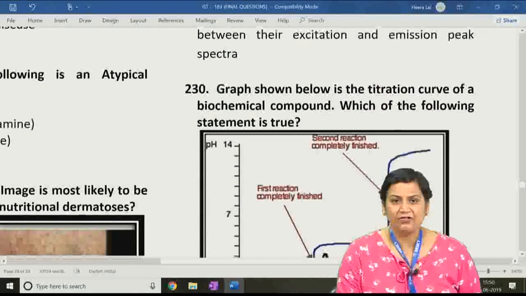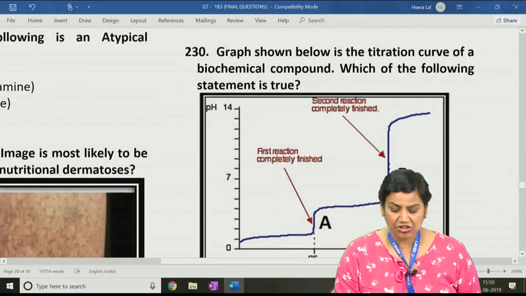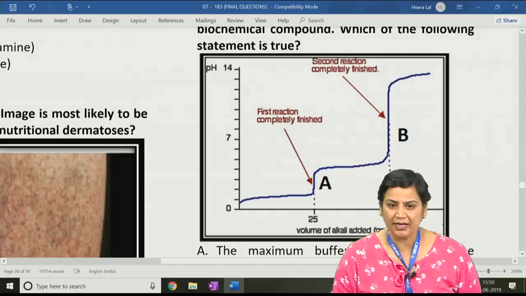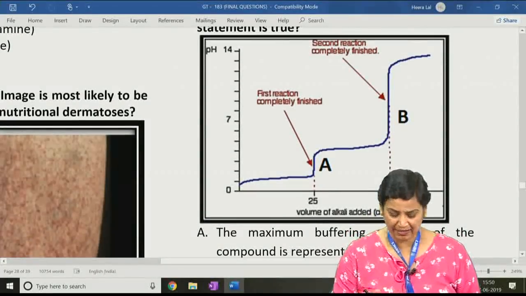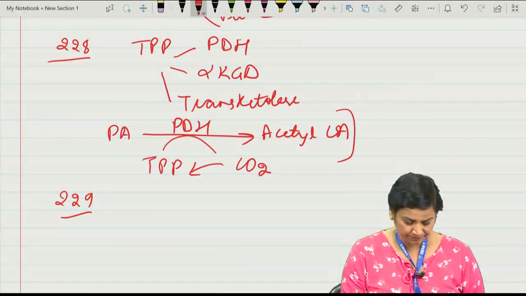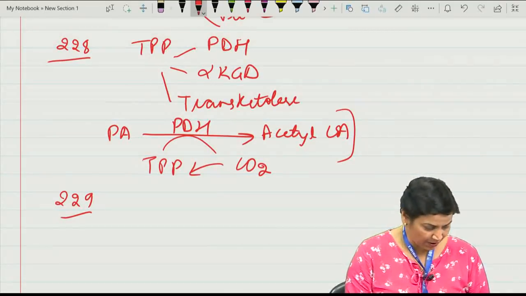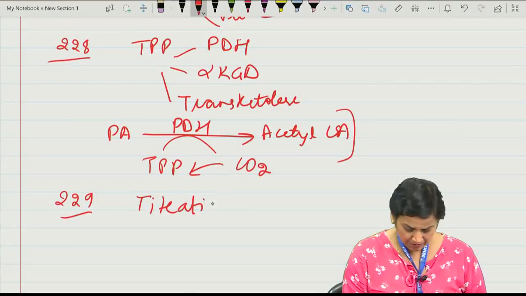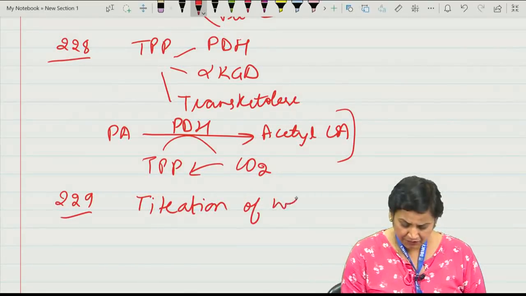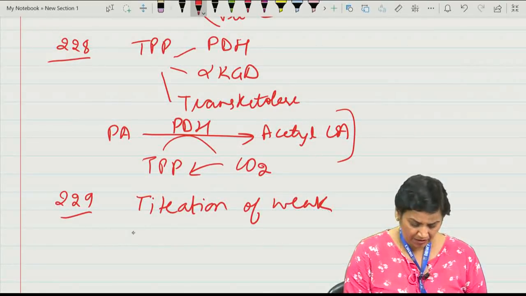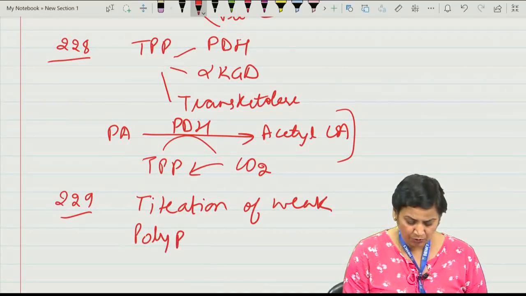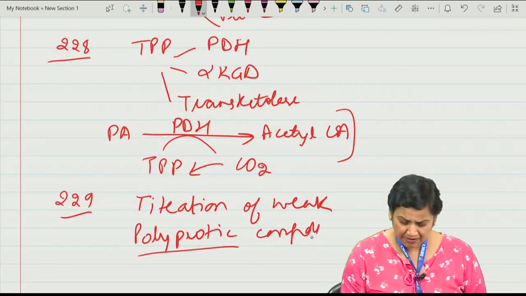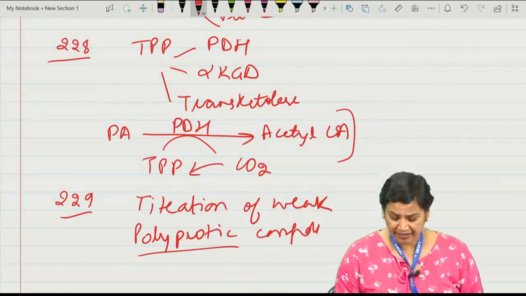Then 230, the graph given below is the titration curve of a biochemical compound. Which of the following statements is true? Now see, before taking this, you should know whenever we talk about titration of weak polyprotic acids or polyprotic compounds, two types of points are attained.